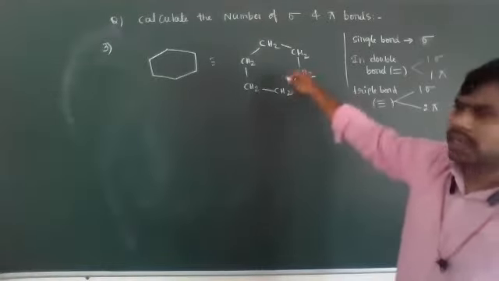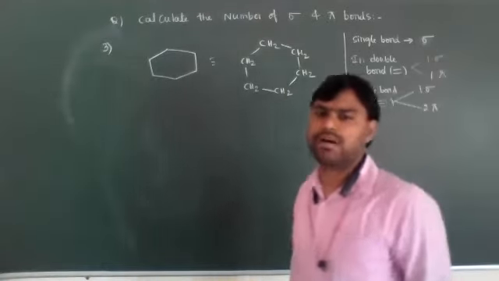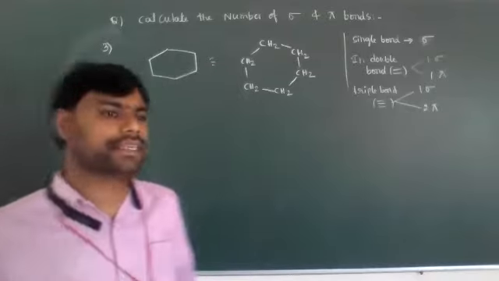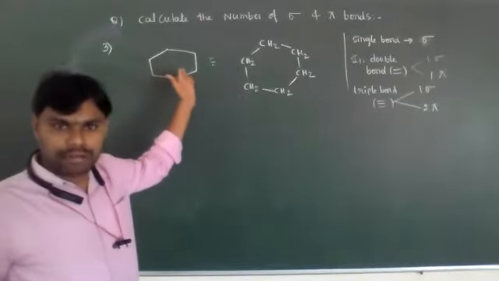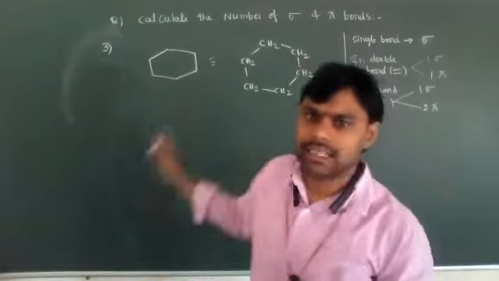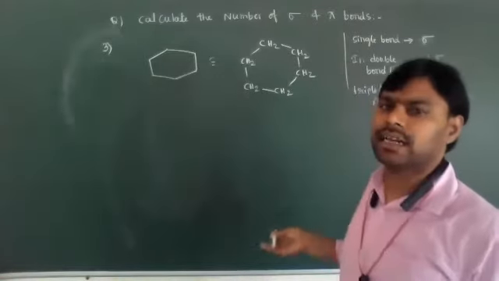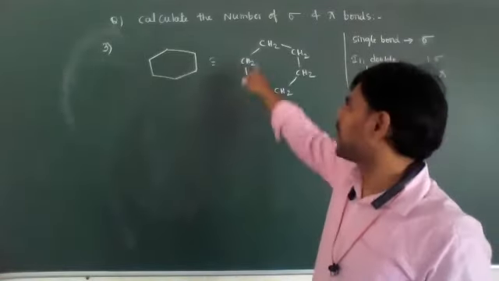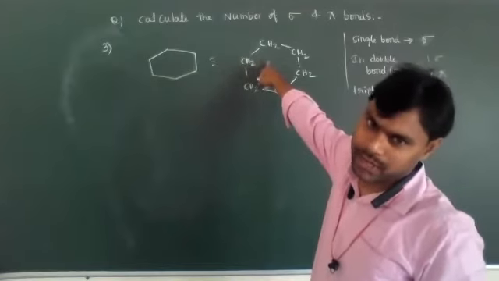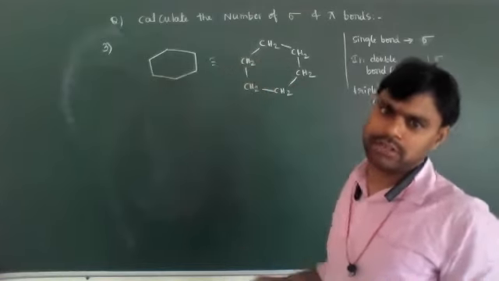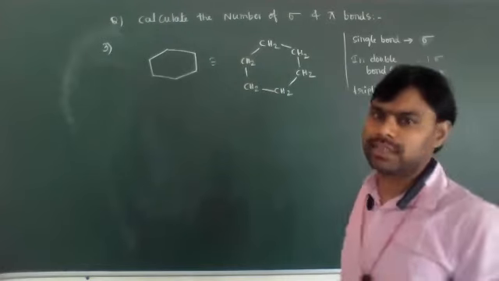Okay, this is a condensed structure. Now how many sigma bonds and how many pi bonds are present? Is there any multiple bond, double or triple bond? There is no double bond or triple bond, all are single bonds only. That's why each carbon hybridization is sp3 only. No double or triple bonds means there are no pi bonds, only sigma bonds.